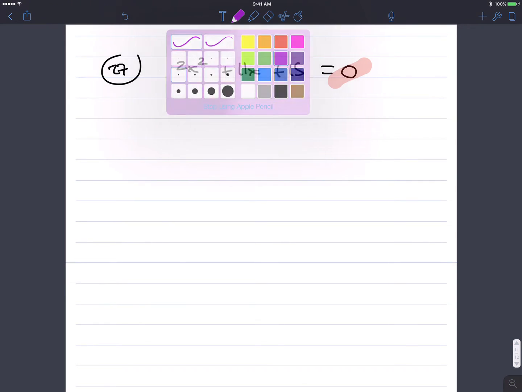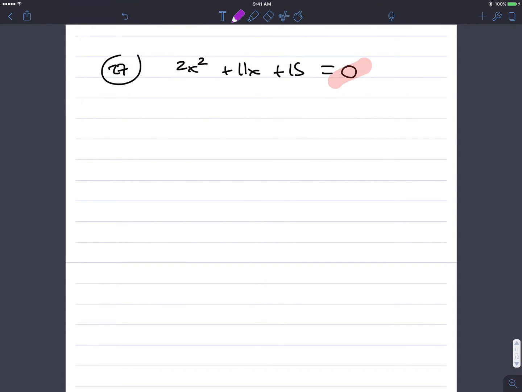And you notice again, you don't have a product, so you can't use that 0 product rule. So you're going to have to factor. But what are you looking at? Beef stew. Absolutely. A different factoring strategy. Okay? So you guys pay attention to this. That number here, the A value, is 2.